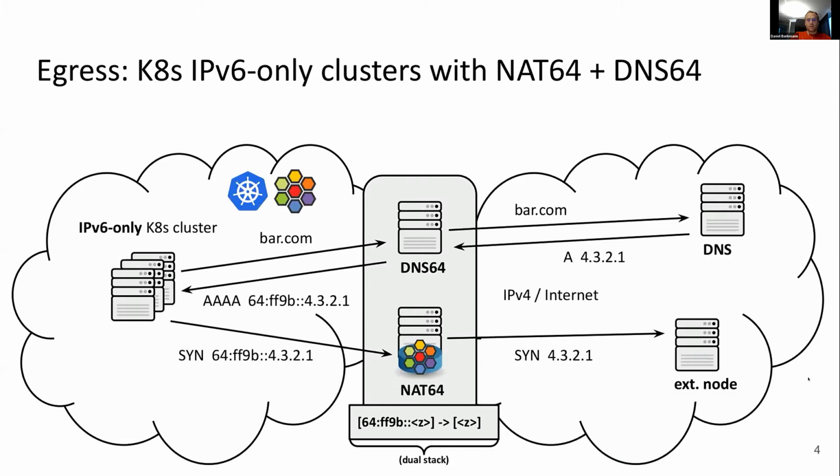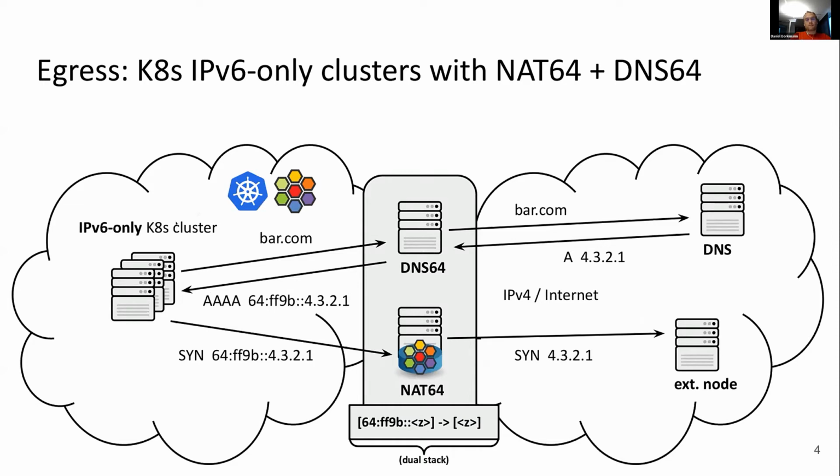And the second part of this architecture would look like this. On the left side, we now have our Kubernetes IPv6-only cluster. And on the right side, we have, let's say, the IPv4 world or the internet.